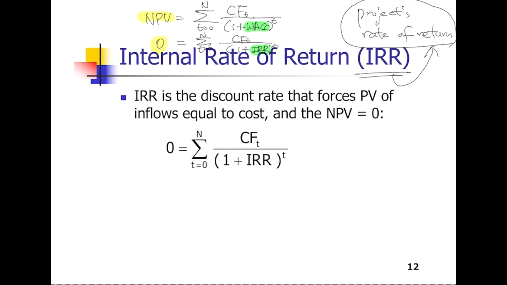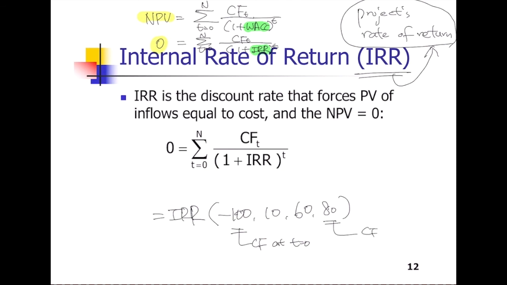Or the second method is using Excel. Using Excel, the function is IRR, and then you input all the cash flows: cash flow at T0, cash flow at T1, cash flow at T2, cash flow at T3.